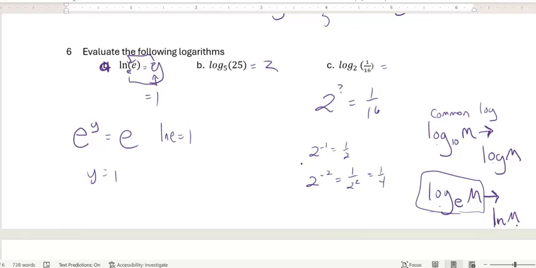So what would I have to do to get a 1/16? It should be 2 to the negative 4, which is 1 over 2 to the 4. As long as 2 to the 4 is 16, I'm correct. 2 times 2 is 4, times 2 is 8, times 2 is 16, which means this answer has to be negative 4.